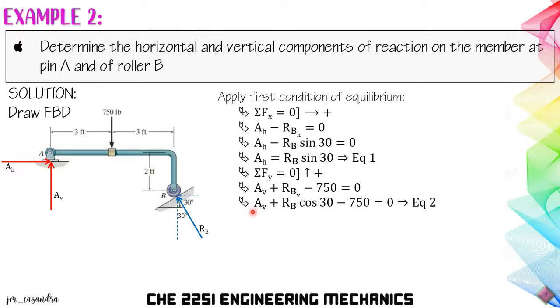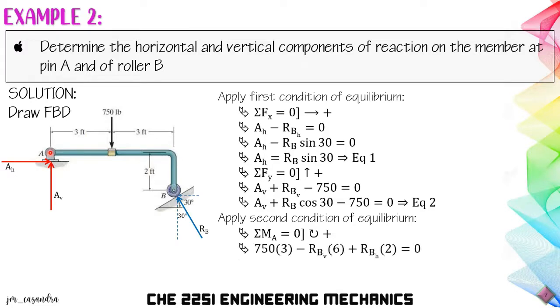So to solve for the three unknowns, we'll have the third equation taken from the second condition of equilibrium, which is the condition of moments equal to 0. So for our equation, clockwise positive. So we take our moment at point A to eliminate the two unknowns AH and AV. So for our equation, we will have 750 times 3 minus RB vertical times 6 plus RB horizontal times 2 equal to 0.